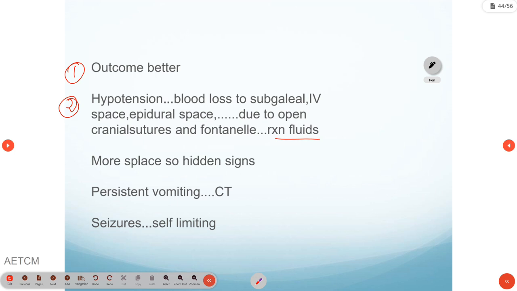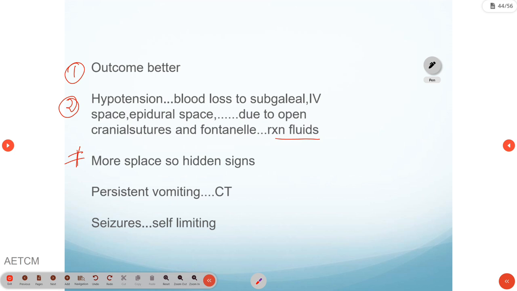And the third important thing is that because they have more space, these signs will be hidden. You won't see hypotension initially, you won't see the raised ICP features initially. So you may not suspect, but make sure that since they have more space, these can happen in children.